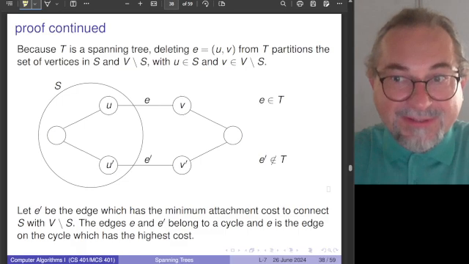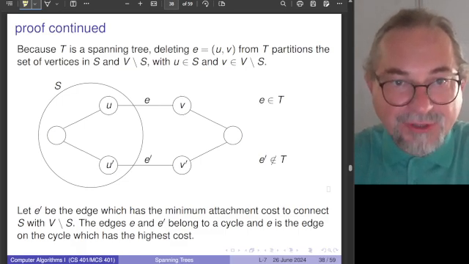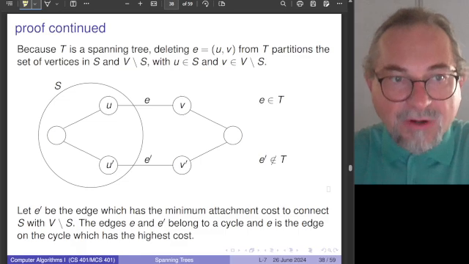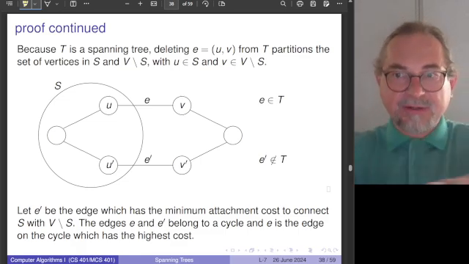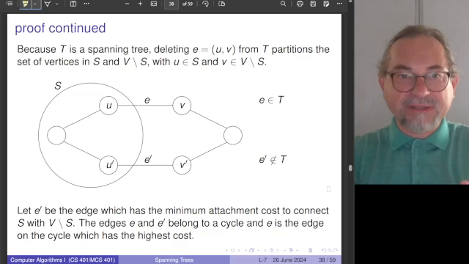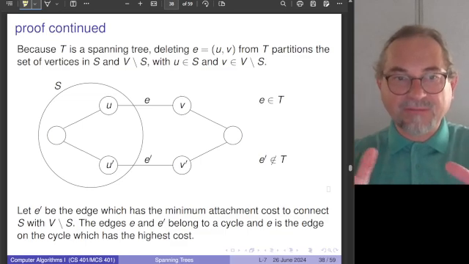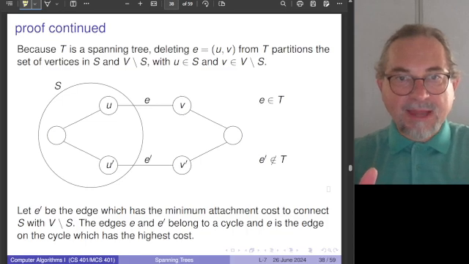Okay, so I'm using essentially the same picture. We are now emphasizing things differently. We are starting from the cycle, and we have somewhere an edge sitting there.